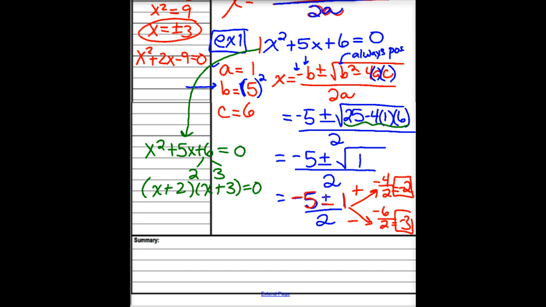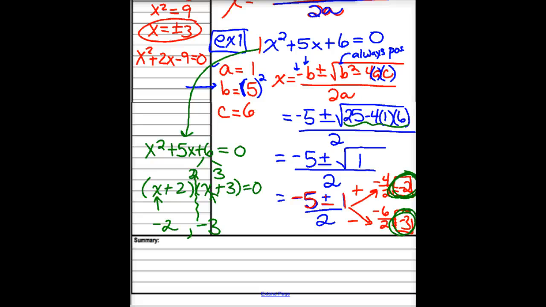So this one actually factors. What makes these factors equal to 0? Negative 2, score, and negative 3, score. What's a better process, the green or the blue and red? For this problem, the green's better.